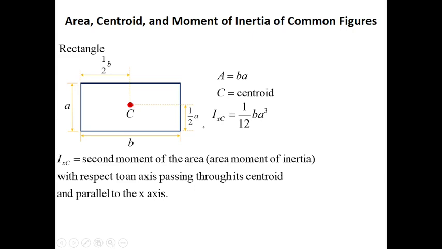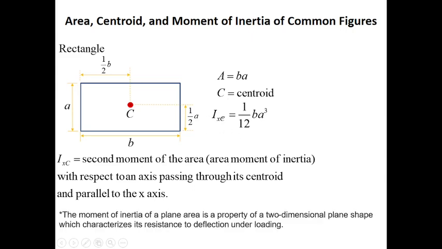So we have IXC equals one twelfth BA cubed. So that's the moment of inertia of the rectangle.